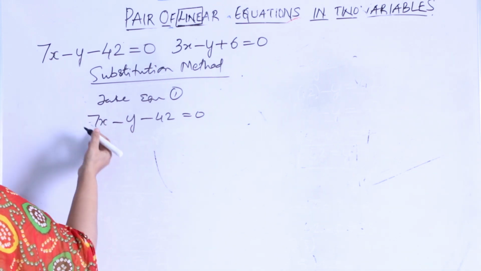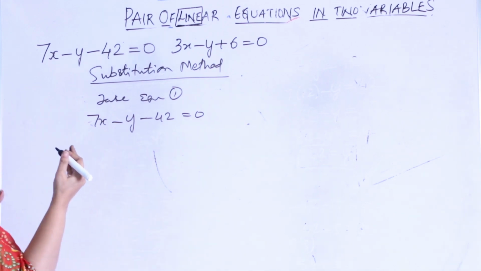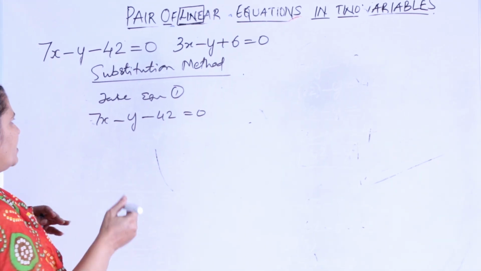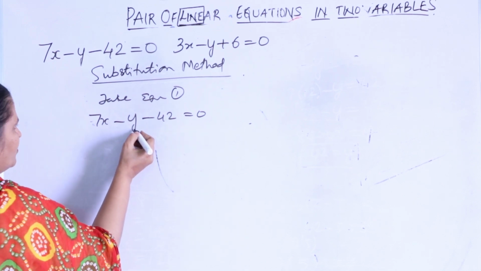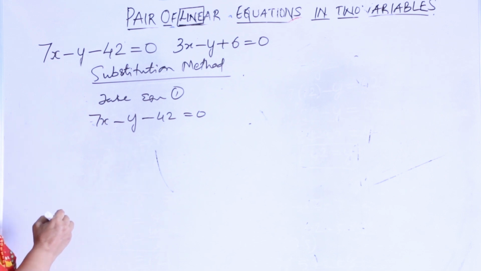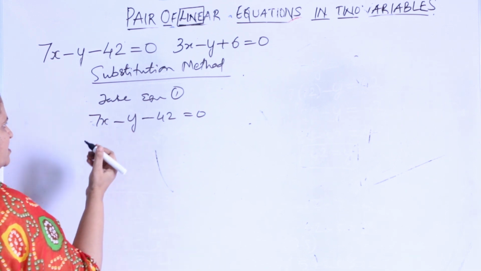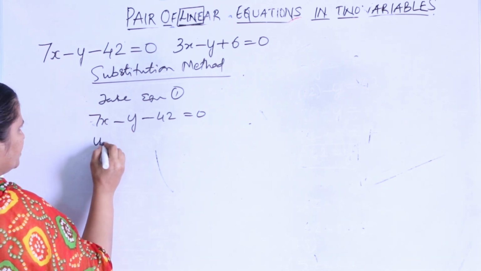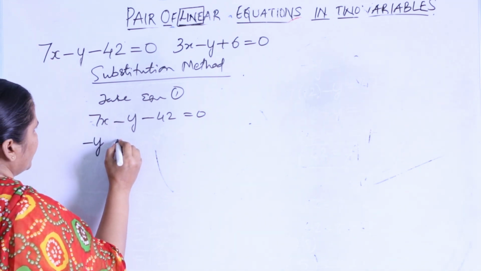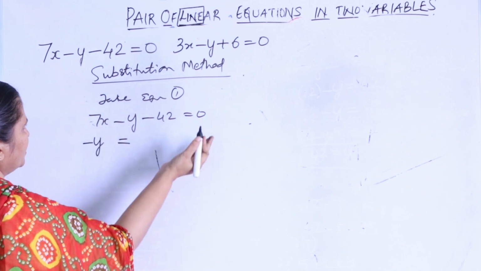You can express x in terms of y also, but this is just a trick that we need to adopt. Whichever is smaller. The coefficient of y is smaller than x, so let us keep this on the left hand side. I am going to retain only this and transpose all the other values.